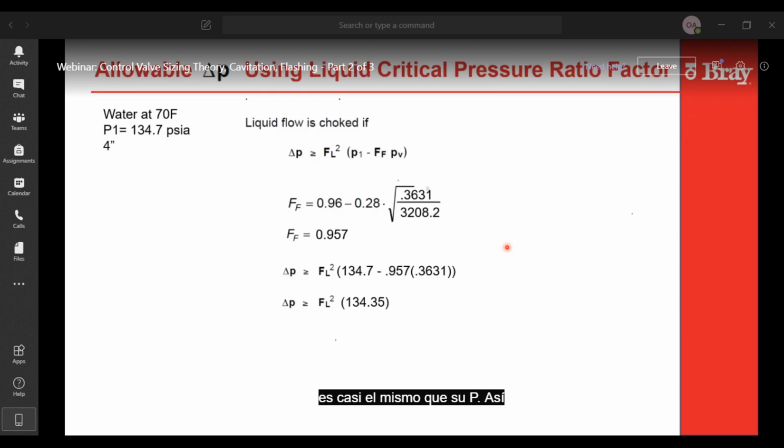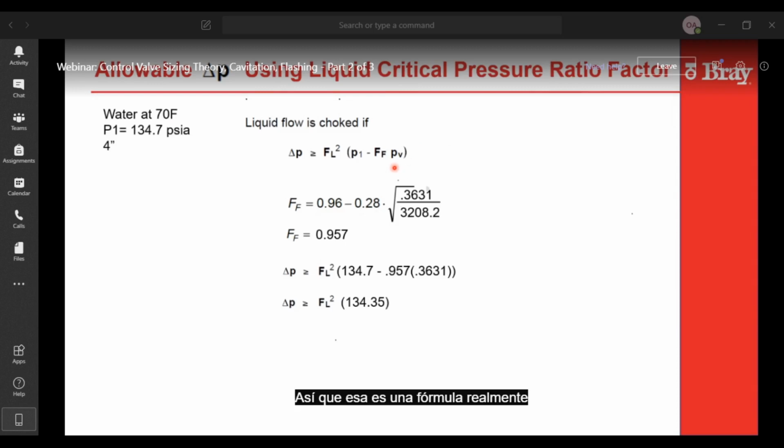So with water, if you square the F sub L factor and multiply it times the upstream pressure, you will basically get your allowable differential pressure, the point at which there will be choked flow. They used to call it allowable delta P.